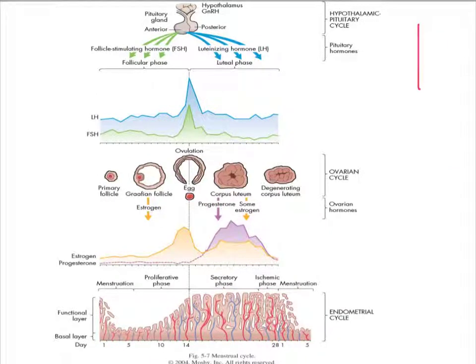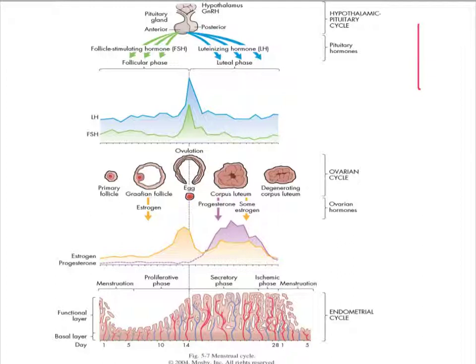The first cycle I'll speak about is the hypothalamic pituitary cycle. Notice that at the end of a woman's cycle, looking at this estrogen and progesterone, they are both quite low. This low level of estrogen and progesterone signals the hypothalamus to secrete GnRH, or gonadotropin releasing hormone.